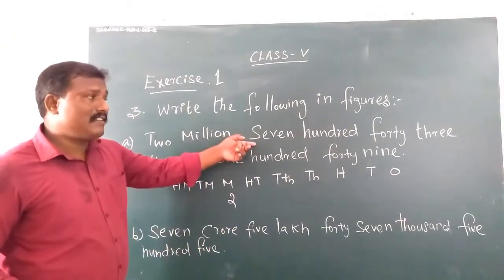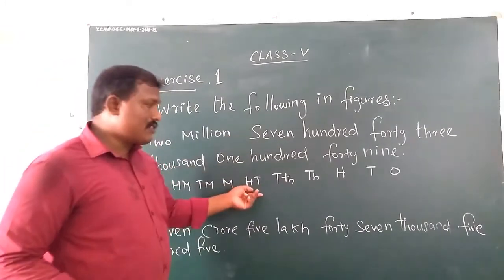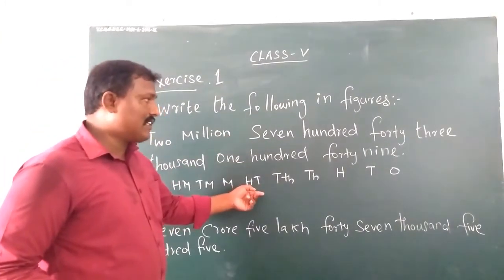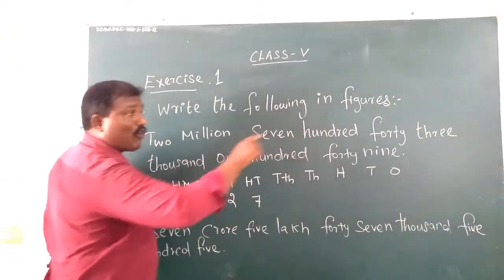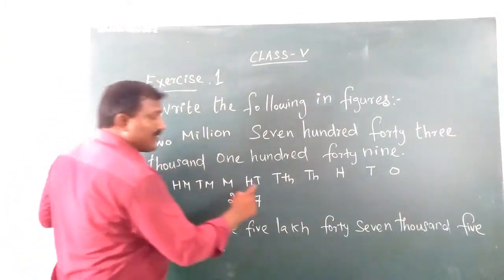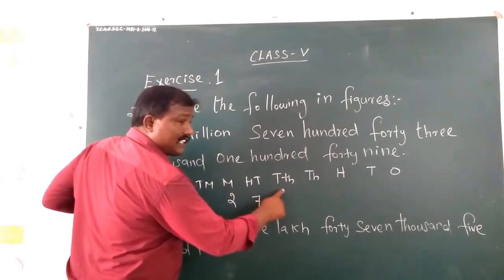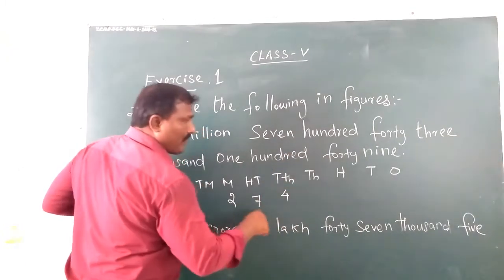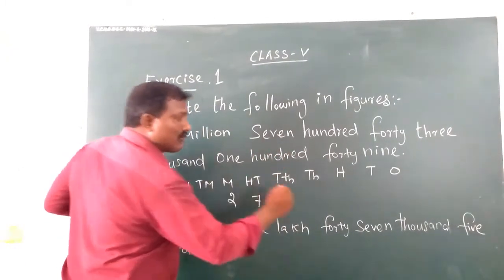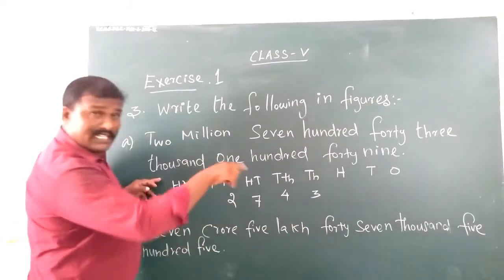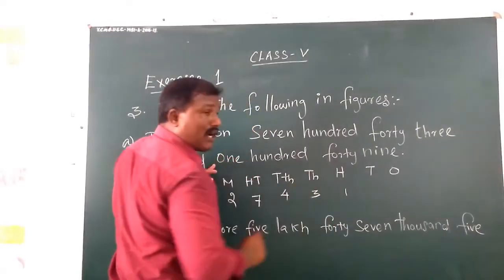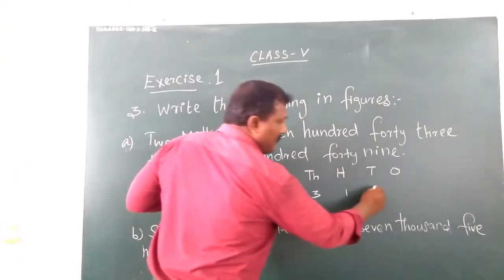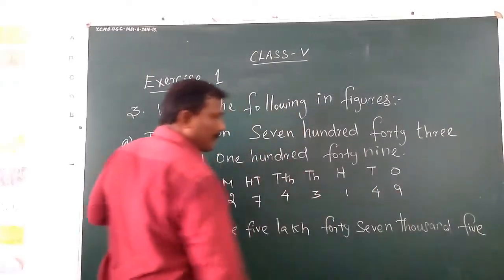Then 700, it means 100,000 place, so put 7 here. Then 43,000: 40 means 10,000 place, 40,000 plus 3,000, and 3 is the 1,000 place. Then 100, so we put 1 in the 100 place, then 49, 4, 9.